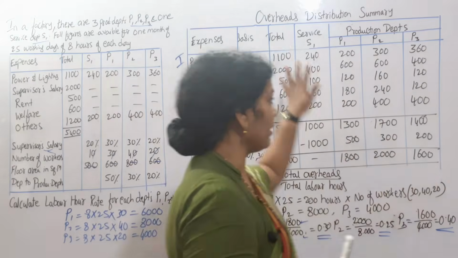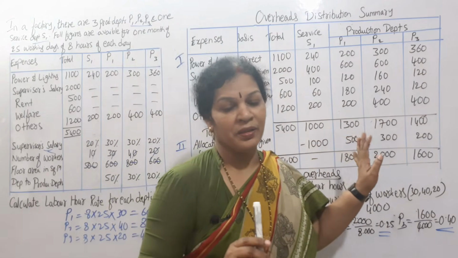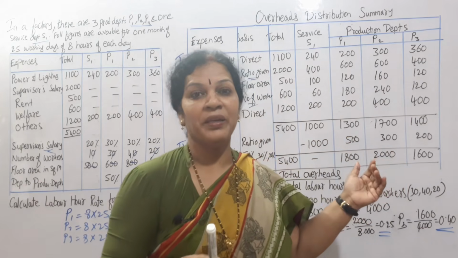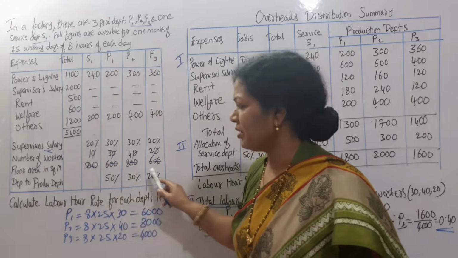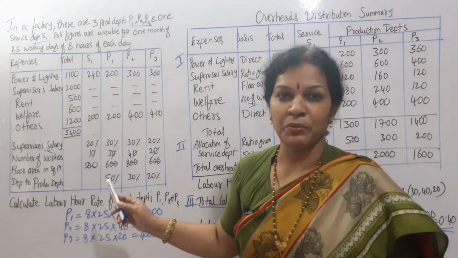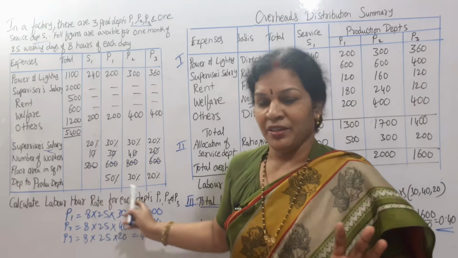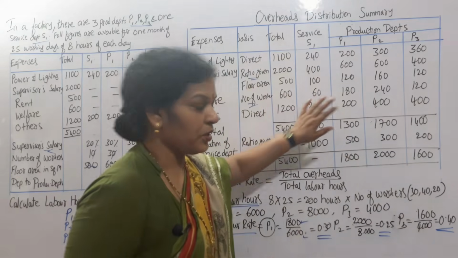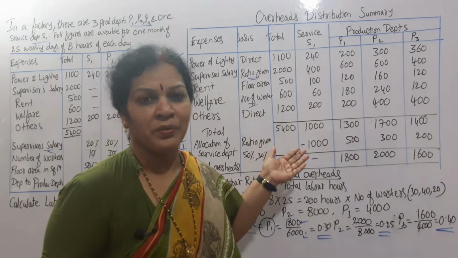We have just calculated overheads. Always remember, service department amount will be allocated to the other departments as per this ratio. If this ratio was not given, then we would have taken the service department also as it is. After totaling, this 1000 is divided, then after that you got the total overheads.